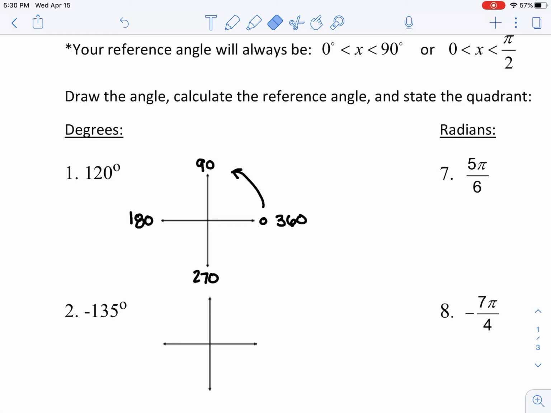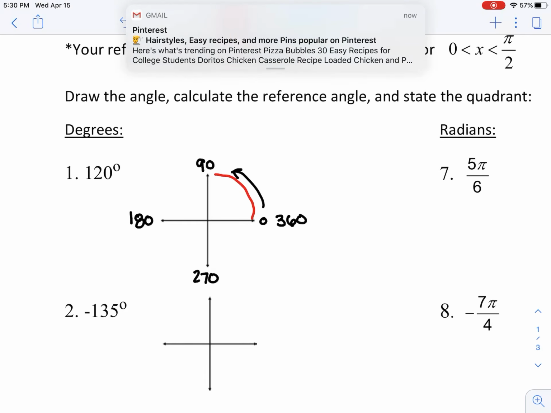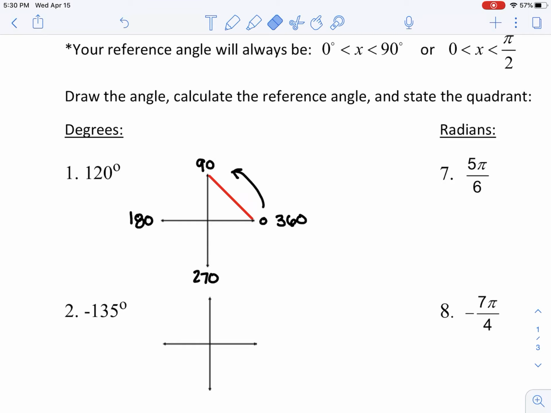In order for us to get 120, I know it's not in here because 120 is bigger than 90. I know that it doesn't go as far as here because it's less than 180.